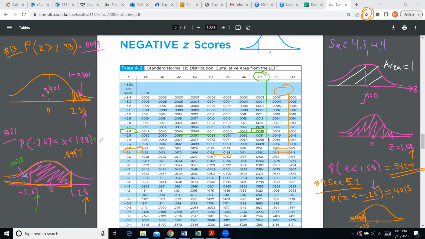So I have to take the big one, 0.8997, and then subtract from it, cut out that tail, because we don't need it in this area in between, and see what's going to come out. It looks like this is going to be a 0.8959.